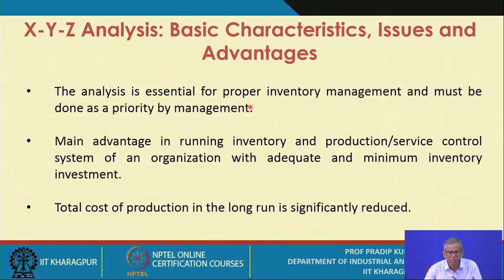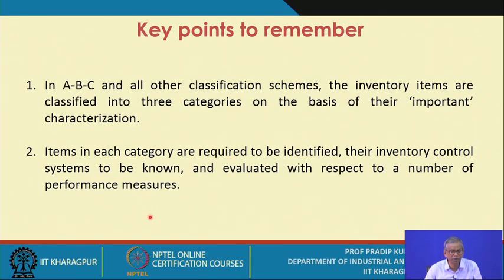The analysis is essential for proper inventory management and must be done as a priority by management. There are many advantages in running the inventory and production service control systems of an organization with adequate and minimum inventory investment. Total cost of production in the long run is significantly reduced.